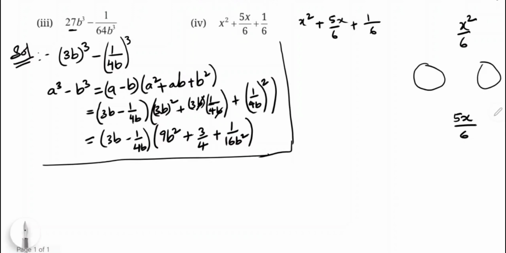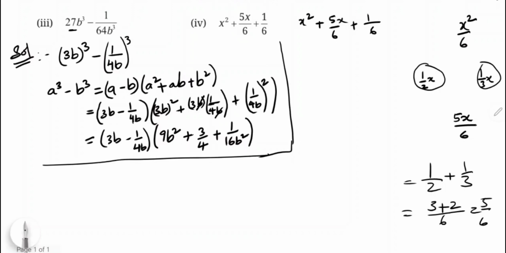So what can be those two numbers? Let us take 1 by 2 x and 1 by 3 x. Let us see how. If I write 1 by 2 plus 1 by 3, the LCM is 6. 3 ones are 3 plus 2 ones are 2, this will become 5 by 6.